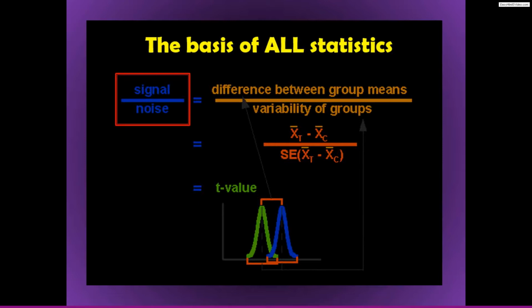So if you know you're looking for a small signal, let's say a subtle effect, then you want to make sure that you can decrease the amount of noise, for example, by having lots and lots of trials.